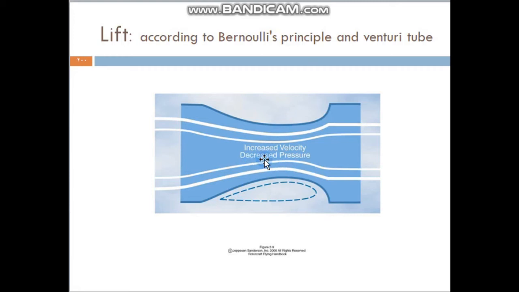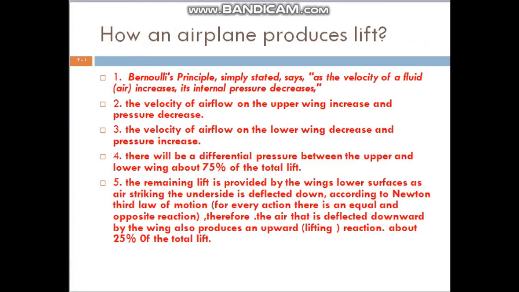On the upper wing, the velocity of the air will increase and the pressure will decrease. But on the lower wing, the velocity will decrease, so the pressure will increase. Here we have a differential pressure that will cause the lift. Also, we have another thing that helps the aircraft to lift.